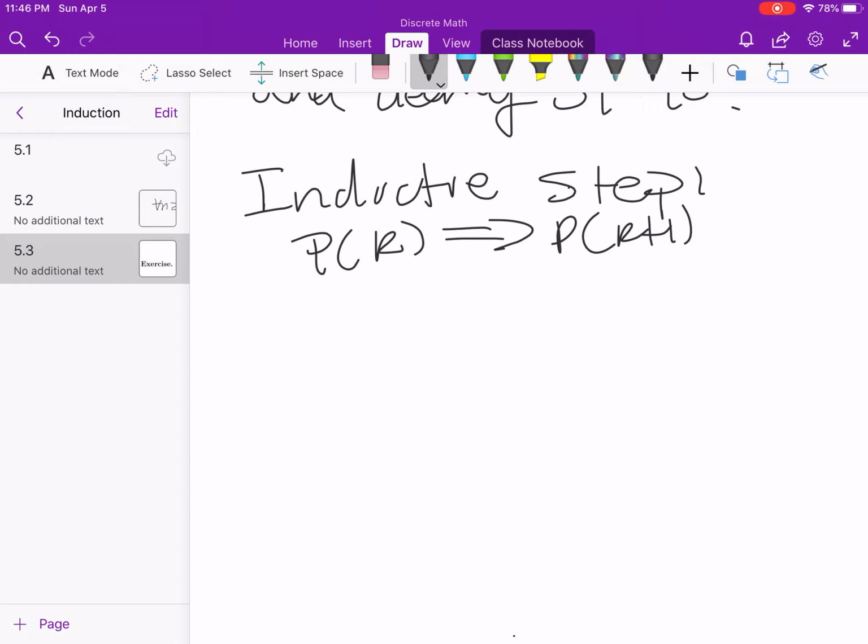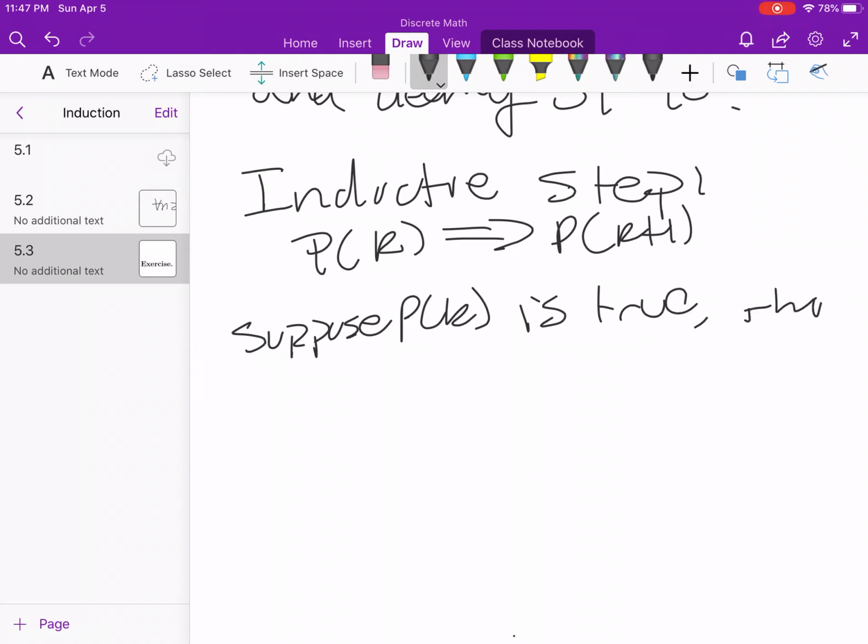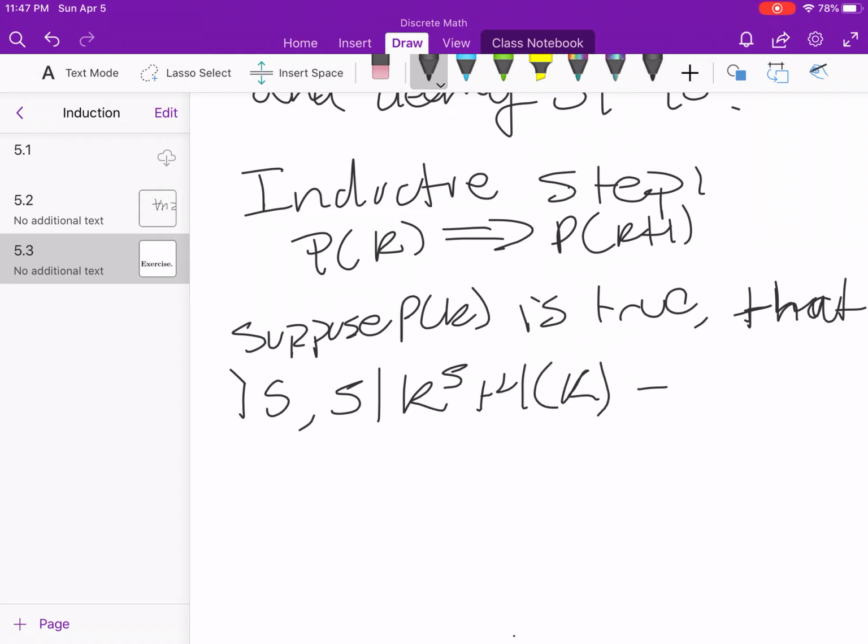So what are we going to do? We're going to suppose p of k is true, that is, that 5 divides k to the power 5 plus 4 times k minus 10.